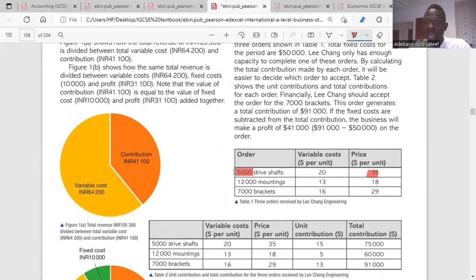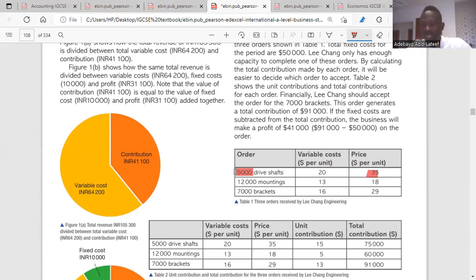So your TR, 35 multiplied by 5,000, minus your TVC, 20 multiplied by 5,000, will give you your contribution.